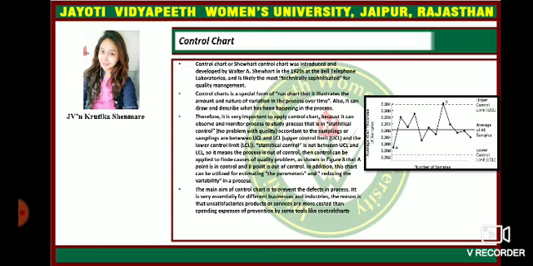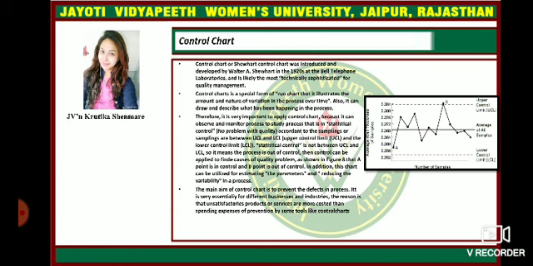Control chart. A control chart or Shewhart control chart was introduced and developed by Walter Shewhart at the Bell Telephone Laboratories and is likely the most technically sophisticated tool for quality management. A control chart is a special form of run chart that will illustrate the amount and nature of variation in the process over time. Also, it can draw and describe what has been happening in the process.